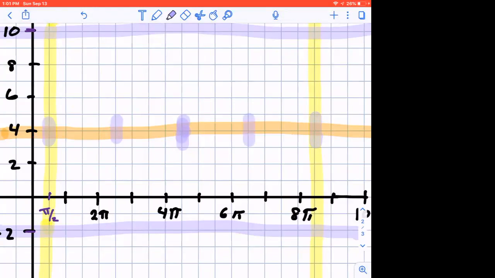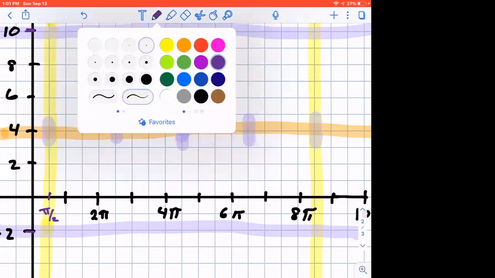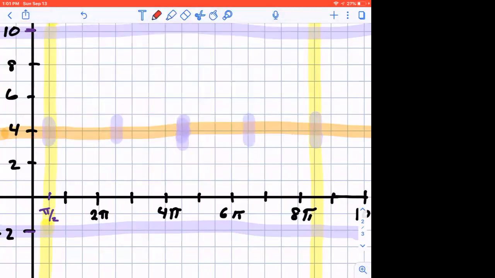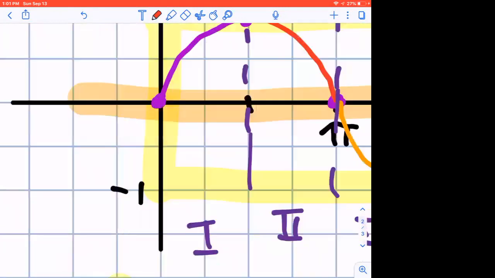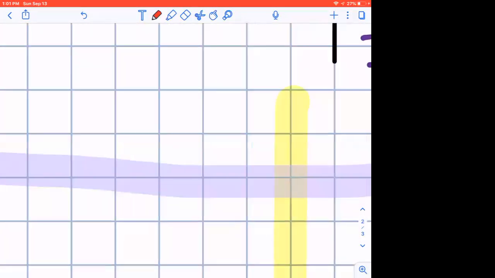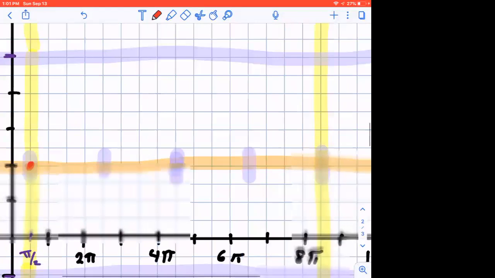And because we have a negative sine graph, let me pick a nice bright color. Let's pick red. We're going to be starting in the middle. In the first quarter, instead of going up like we did here, we're going to go down instead. So see if I can get this back to here.